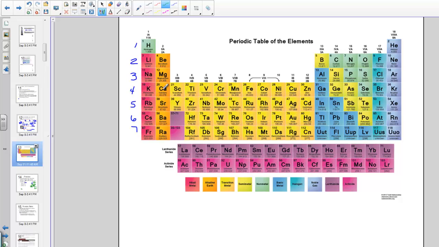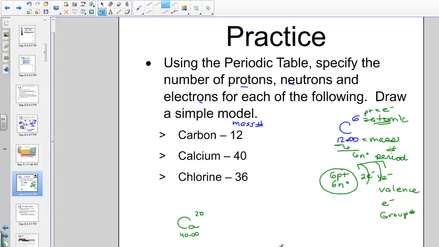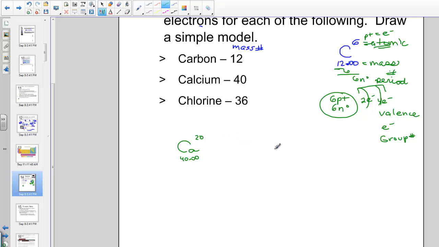Calcium has an atomic number of 20 and a mass number of 40. So by finding that information, we said its atomic number was 20 and its mass number was 40. So if we start drawing, we would have in the nucleus 20 positive protons.